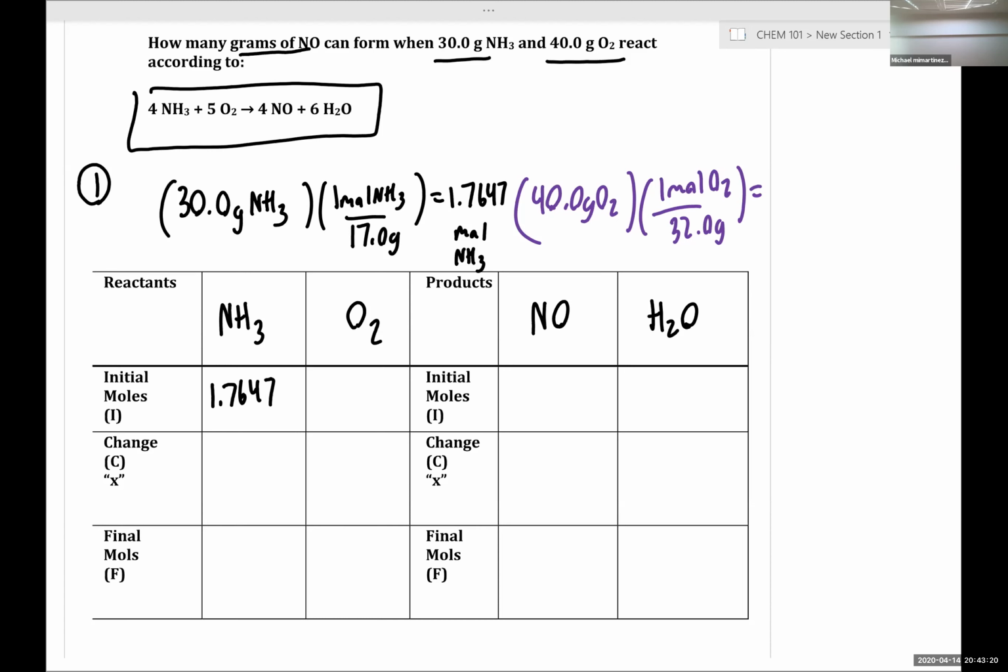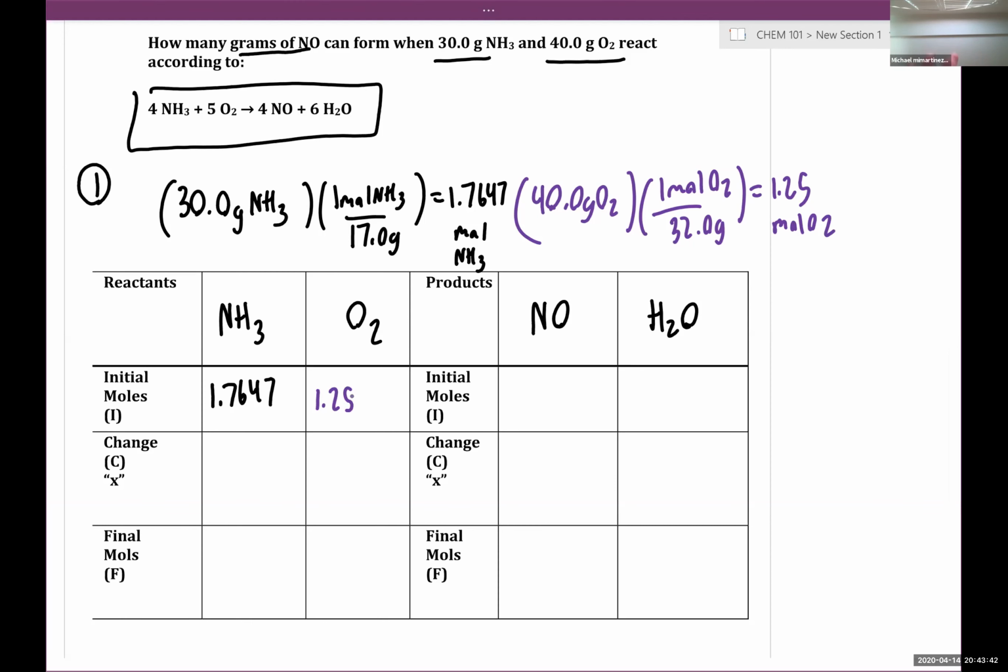If we've been attempting these calculations, how many moles of oxygen would we have? Yep, roughly 1.25. So if we take 40 over 32, we get 1.25 moles of oxygen.